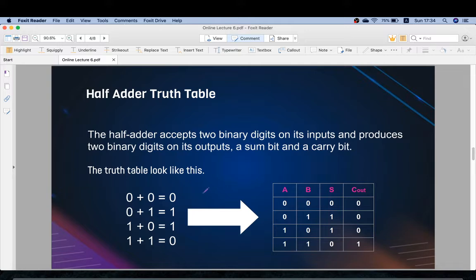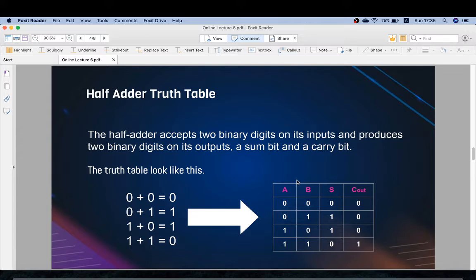Now in the third step we need to draw the truth table. The half adder accepts two binary digits on its input and produces two binary digits on its output, a sum bit and a carry bit, and the truth table looks like the following diagram.